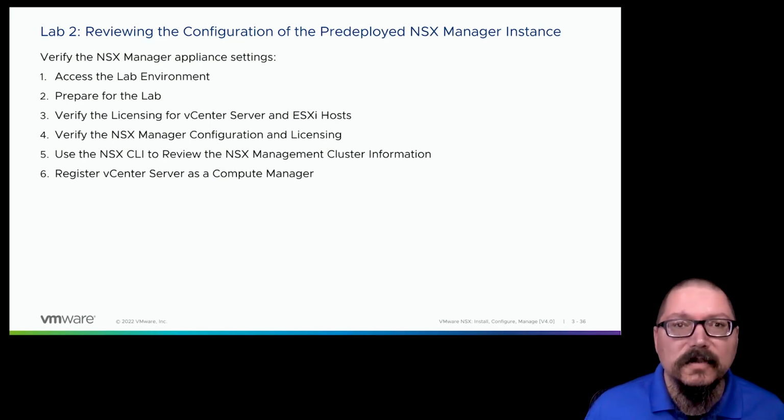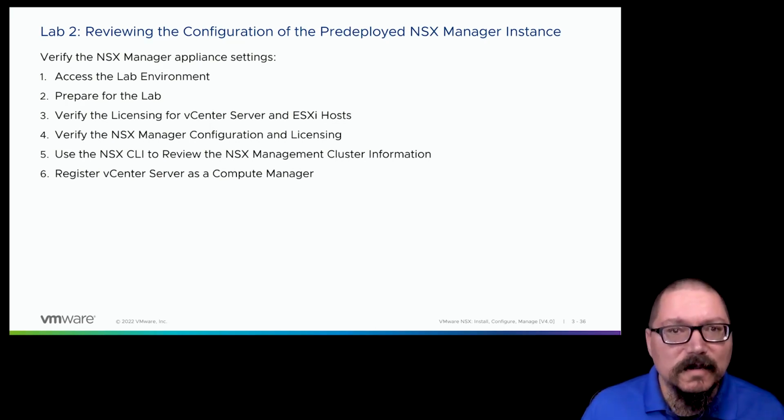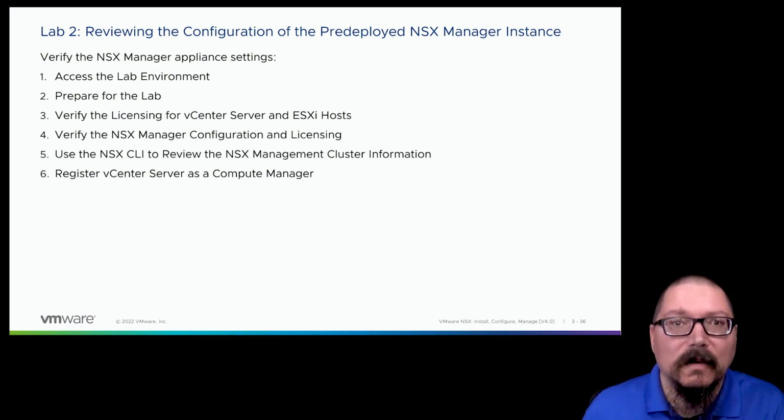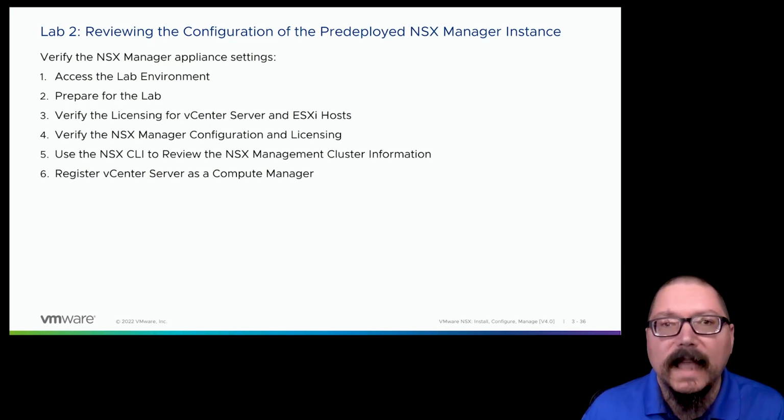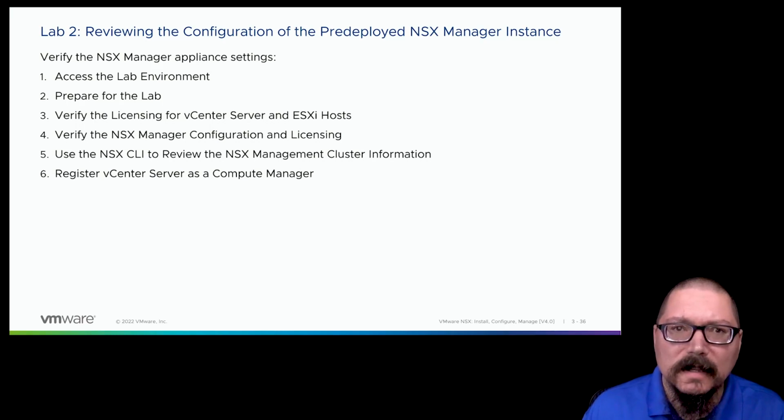Lab number two is exploratory in a different way. It's not so much reading as it is exploring the environment that we have prepared for you already. So we're going to look at vCenter. We're going to look at NSX. We're going to validate licensing on both of those. Your licenses should all be good, but we always want to find out earlier rather than later if a license has expired or something's not right there.